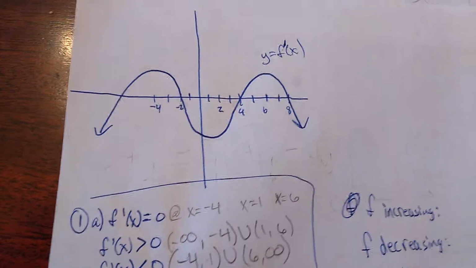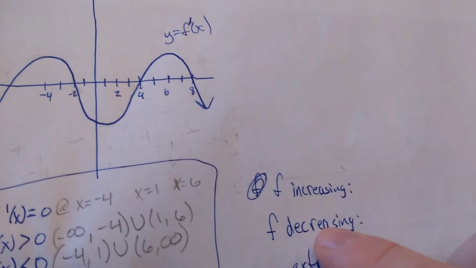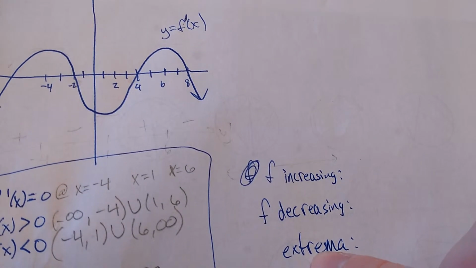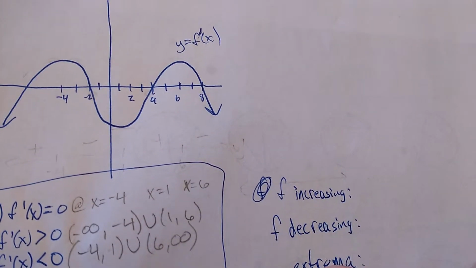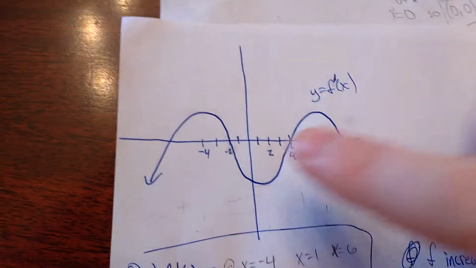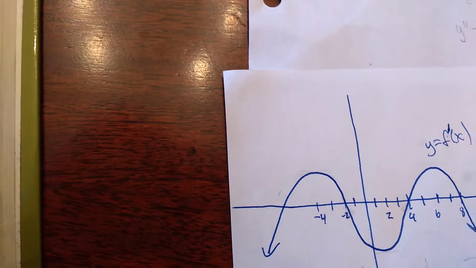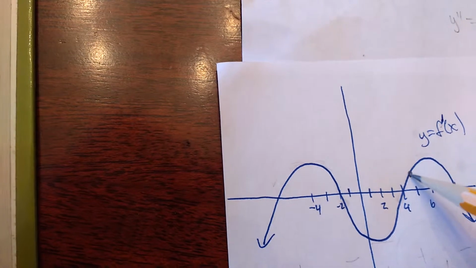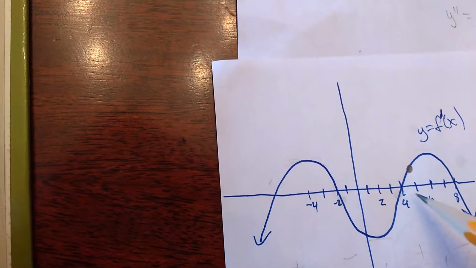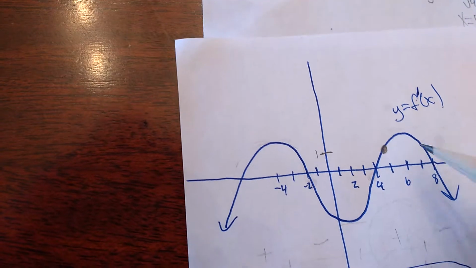And the question asks to figure out where the original graph is increasing, where the original is decreasing, and where our extrema would be. So all three of these questions are about the original function, and we're looking at the graph of the derivative. So remember, if I pick a point, like right here, (5, 1), that (5, 1) is not a point on the original graph.